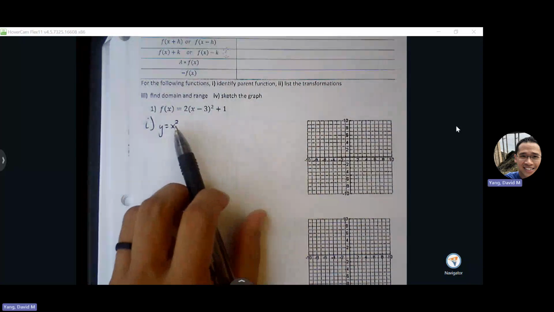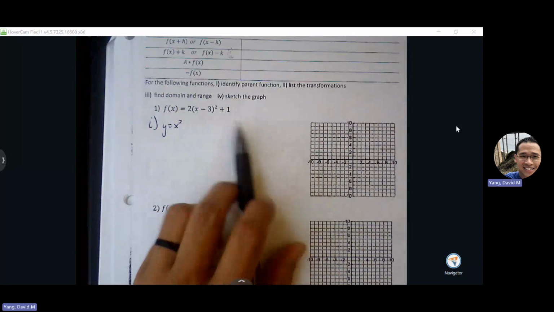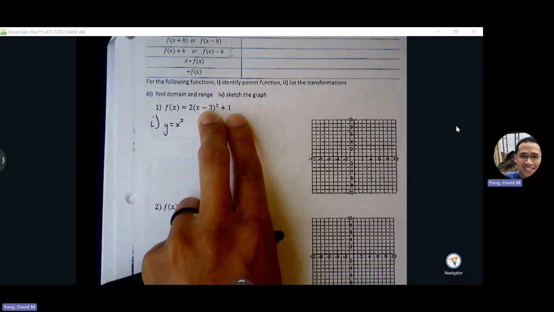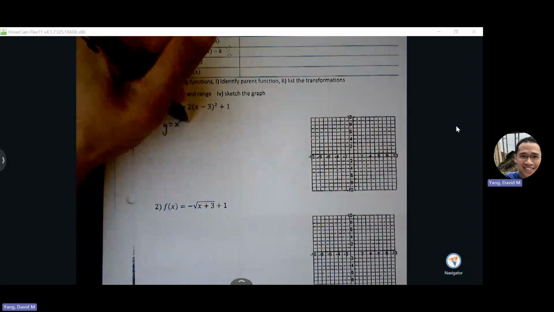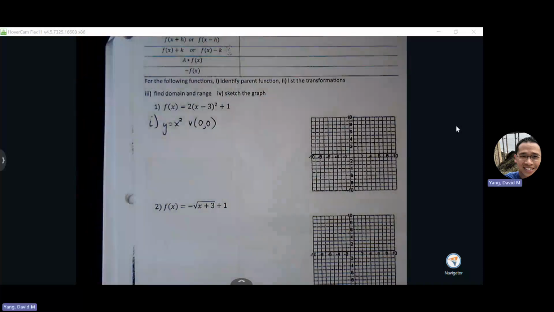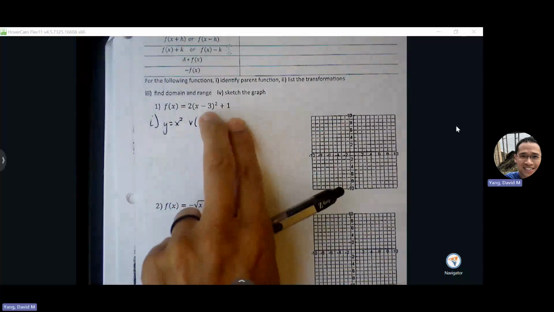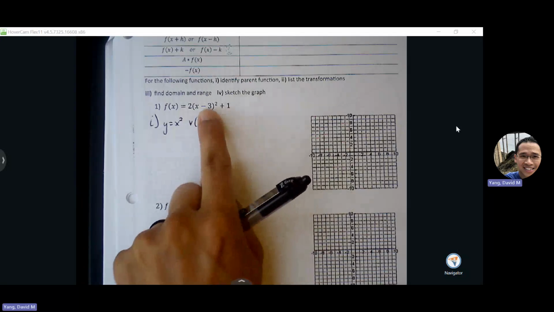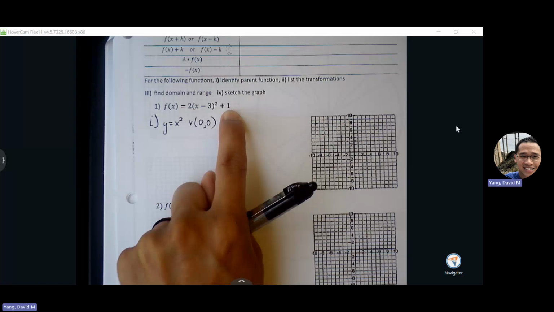We know that y equals x squared starts at 0, 0, and then the -3 and 1 are going to take the graph and shift it. Normally the vertex is 0, 0 for y equals x squared. But now what's my new vertex going to be? Yeah, 3, 1, right? It's always going to be the opposite of what you see inside the parentheses, radical, or absolute value, and then this one is the y value.